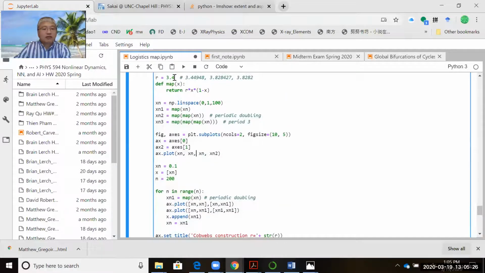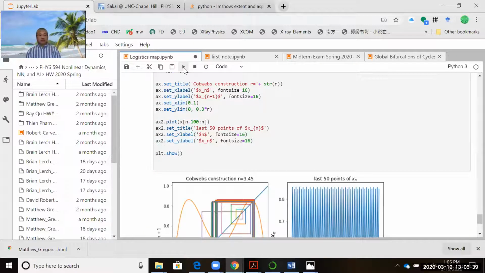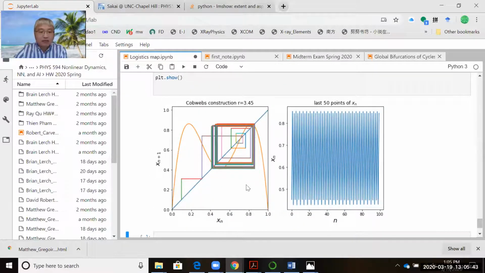Now let's go to 3.45, just beyond where the period doubling happens again. You can see this goes a little bit beyond it. If you look at the iteration map, it's 1, 2, 3, 4, 1, 2, 3, 4. So four values.